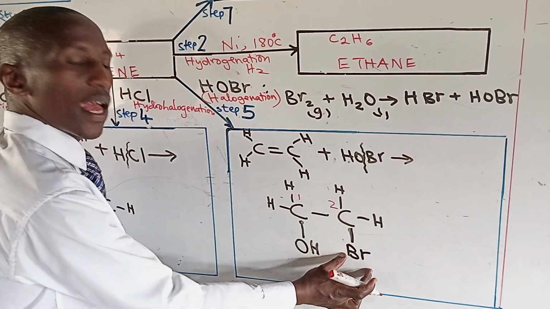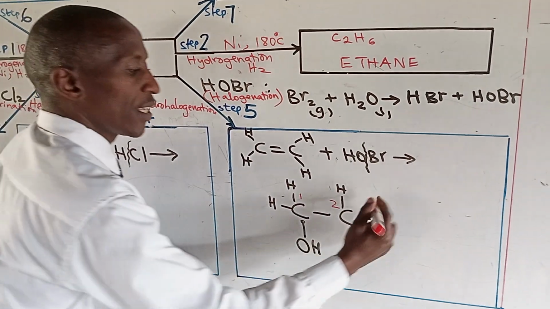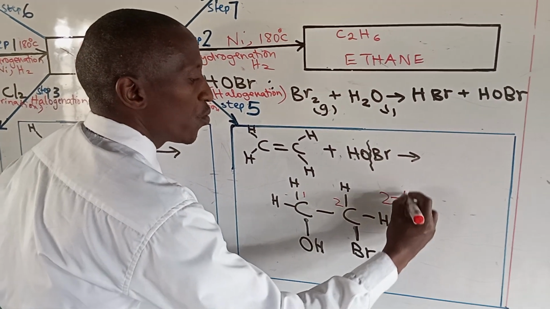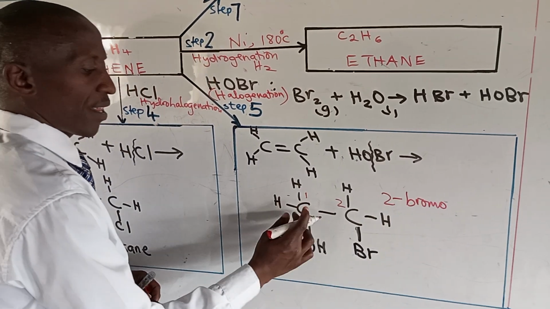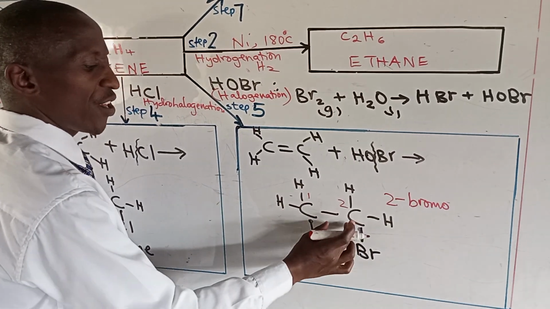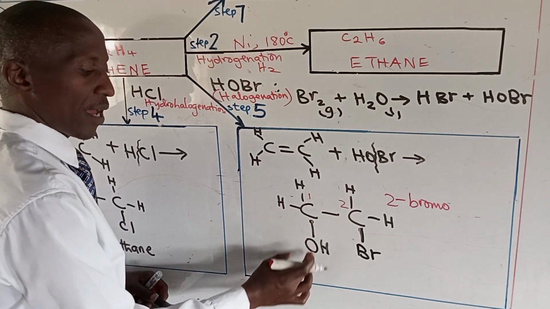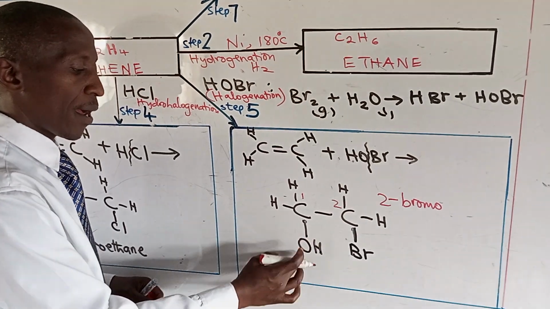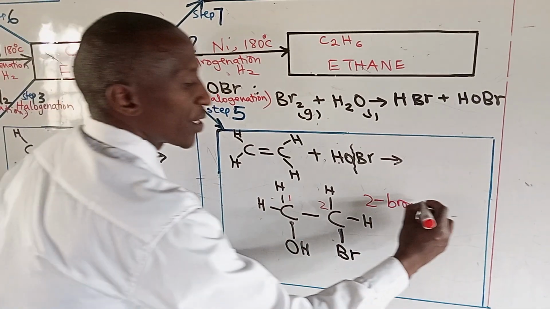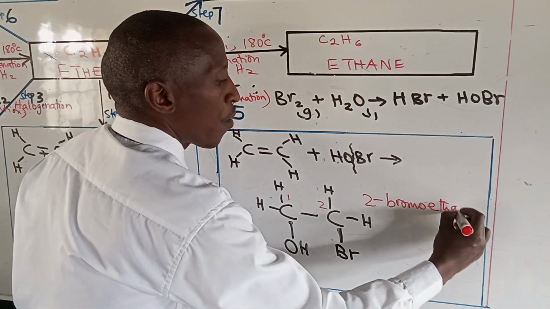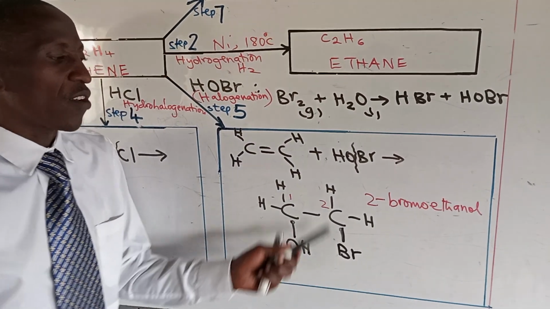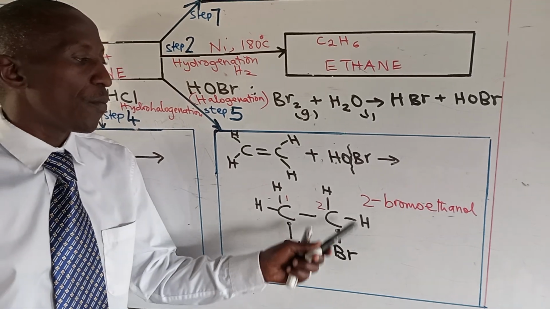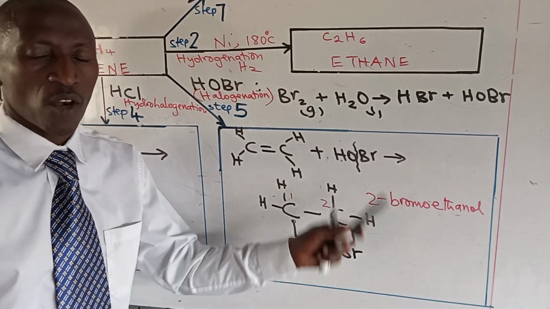we start with the halogen, which is a substituent on carbon number 2, so 2-bromo, and the parent is eth in the group of compounds we call alkanols, so it becomes 2-bromoethanol.